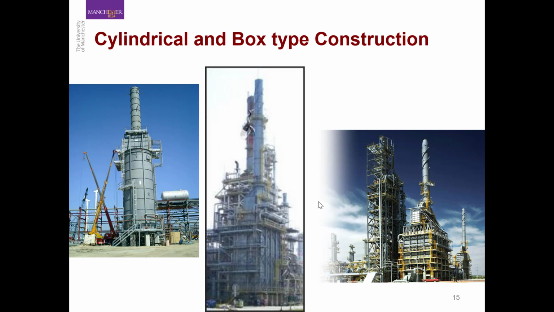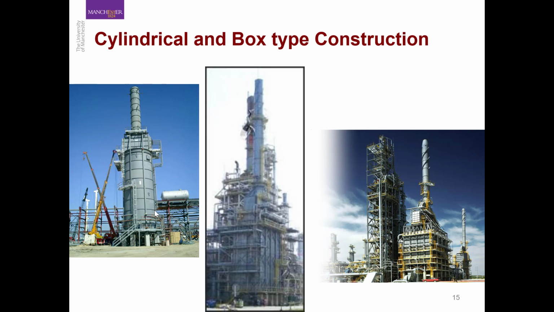Those are box type furnaces. So you can have square arrangements or rectangular arrangements, depending on the process and the space available. And these box type furnaces are really huge. As you can see, they are almost 2 to 3 or 4 stories high. And these furnaces are mostly used when you have very high process heating demands. Okay, so to supply high heating duties to your process.